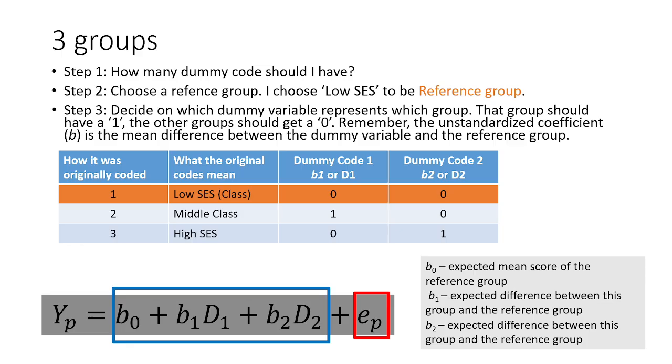My reference group should always be 0 on all of them. With me so far? Always, right? Let's say I have this particular variable that should represent the middle class. Then that should be a 1, and everybody else gets a 0, right?